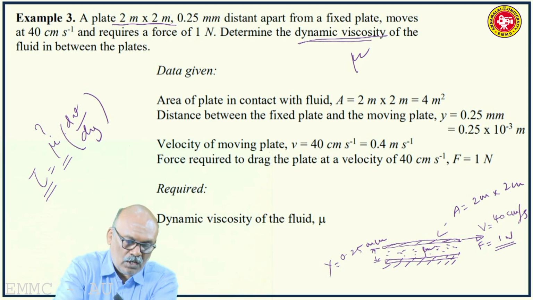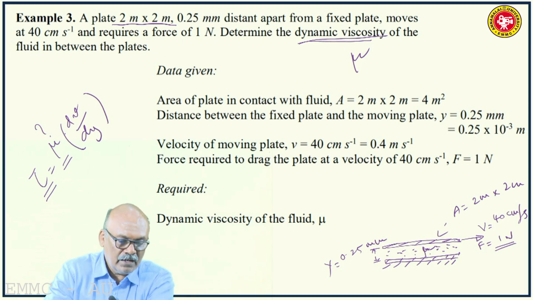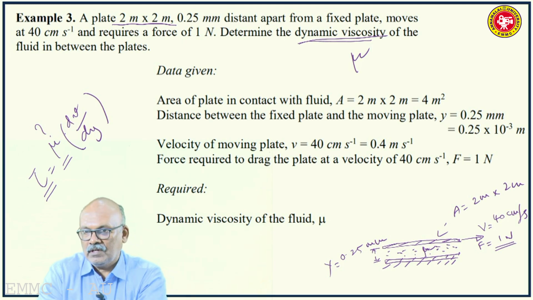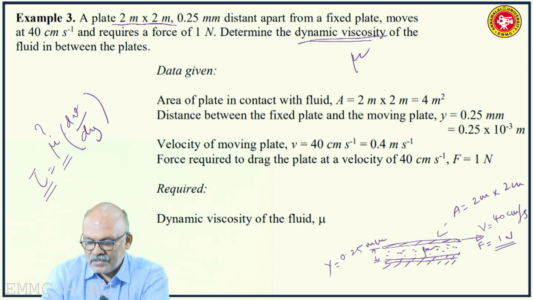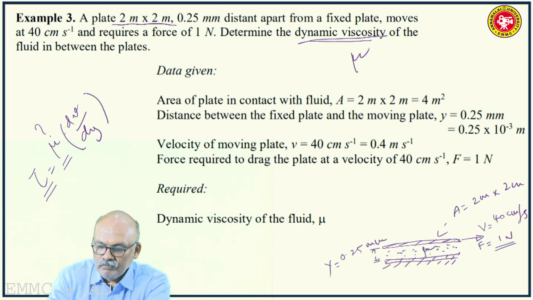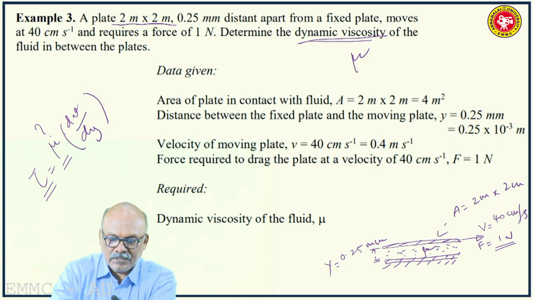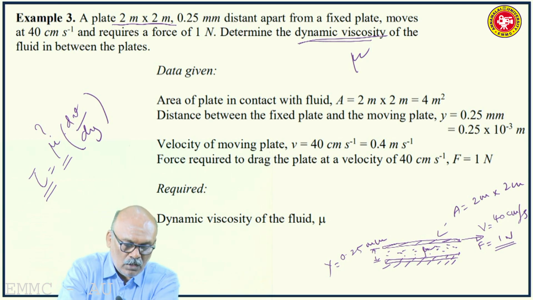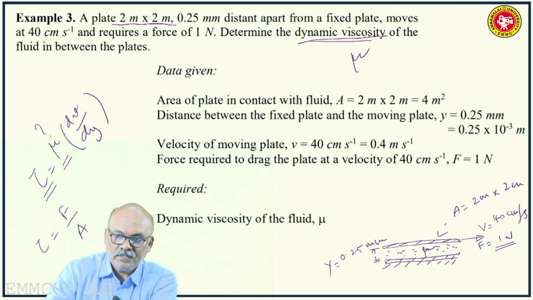So we should know tau and the velocity gradient in order to determine the viscosity of the fluid which is filling the gap between the bottom fixed plate and the upper moving plate. Now tau is nothing but the shear force divided by the area over which the force is distributed.